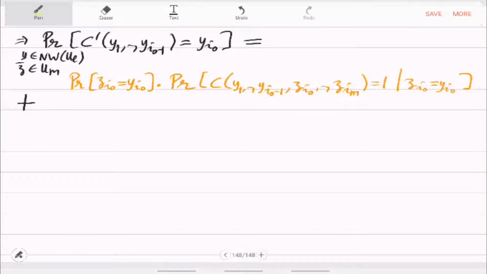Plus the probability that Zi0 is not yi0. In this case, C prime will output yi0 only when C evaluates to 0. So let's write that.